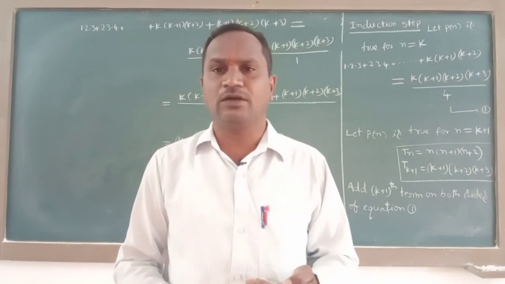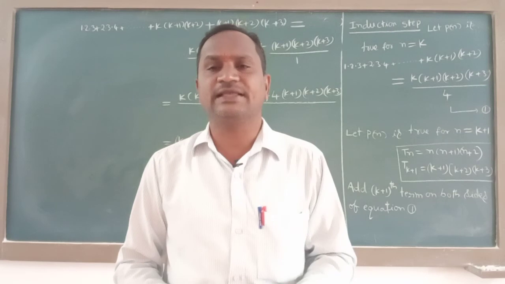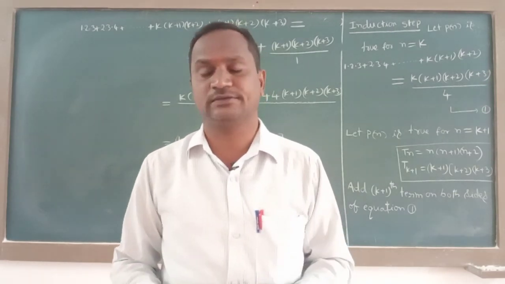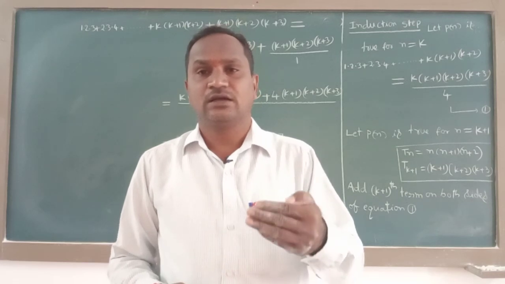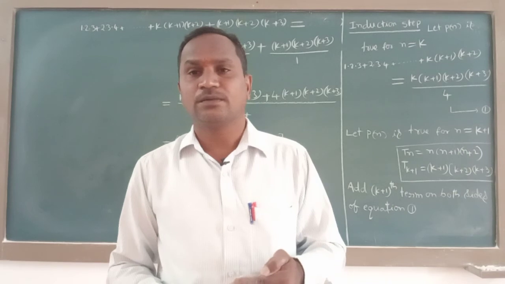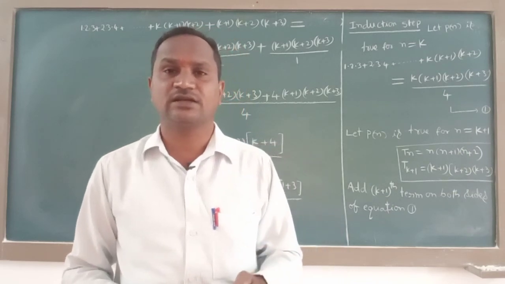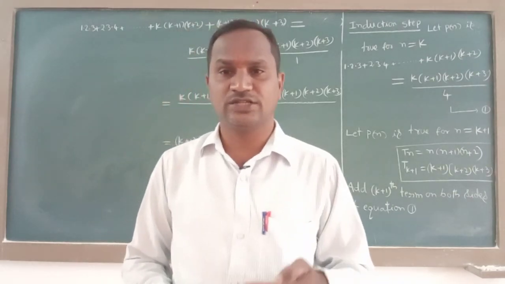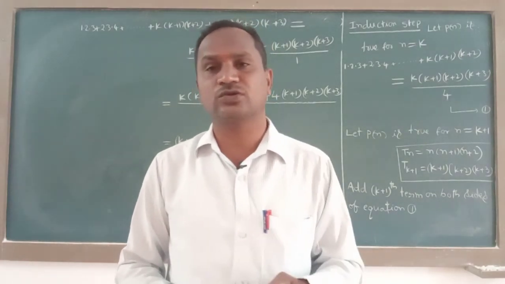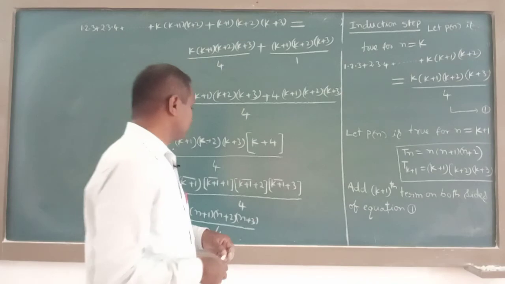The conclusion step is very simple. What we did in the basic and induction steps, we talk about that only here. That is, therefore the given statement P of n is proved by principles of mathematical induction, that is n is equal to 1, n is equal to k and n is equal to k plus 1, for all n belongs to capital N, like this.